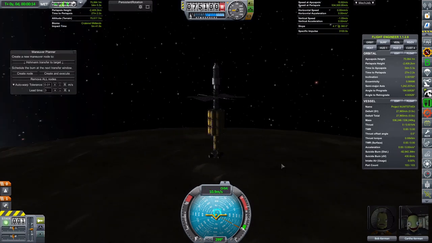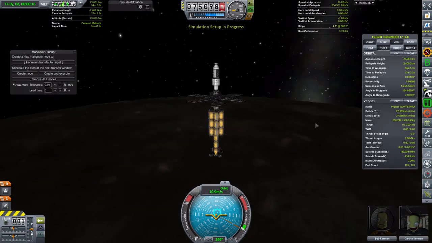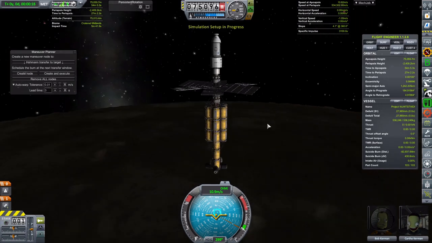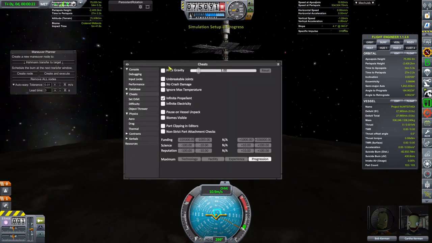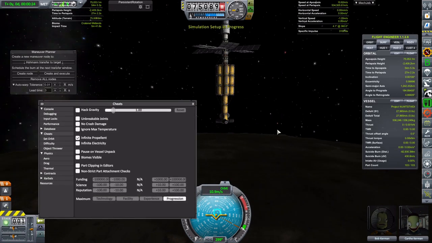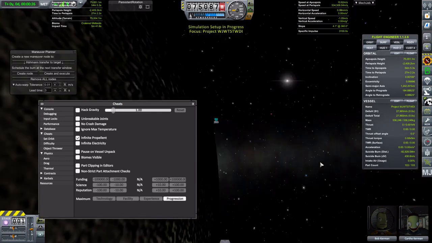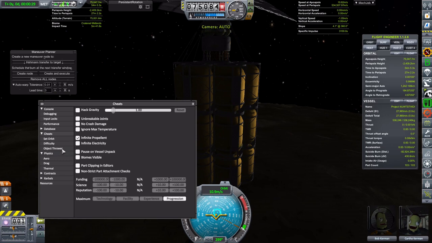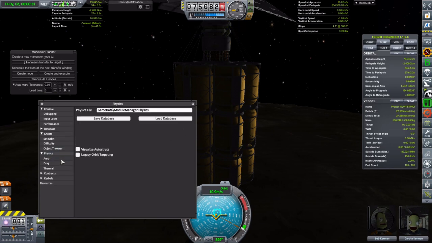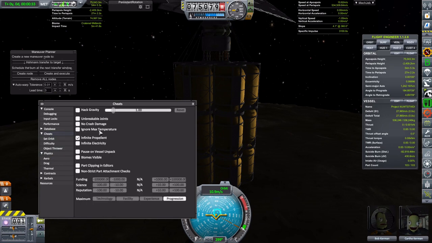That's interesting. For some reason the velocities are wrong on this. I'm not quite sure why. Simulation setup in progress. Okay, I think I see. Well, that's an easy fix if this works.